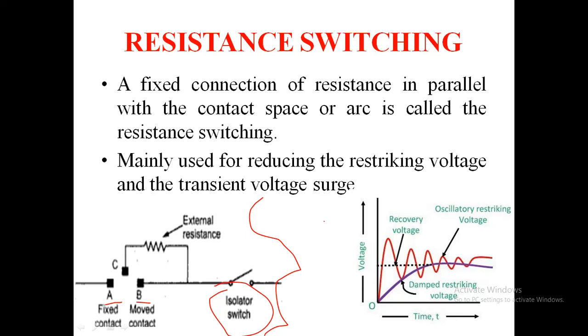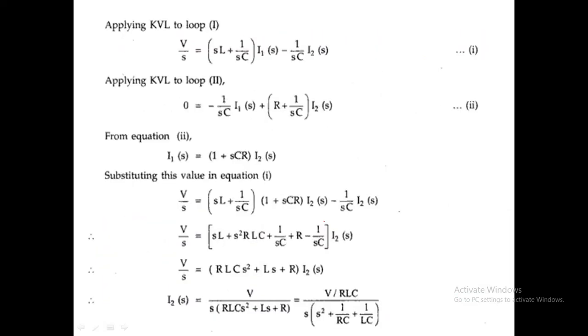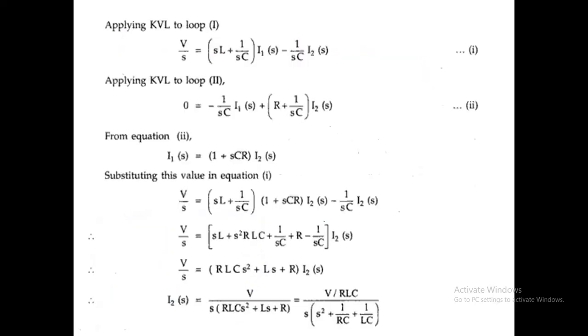Here we will see how the damping is achieved by considering the circuit in terms of the Laplace waveform. This is your derivation from this circuit diagram: V by S, SL, 1 by C, I2 of S. These are all expressed in the Laplace transform.